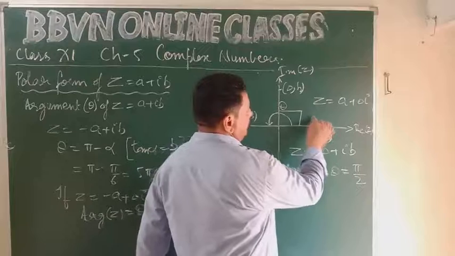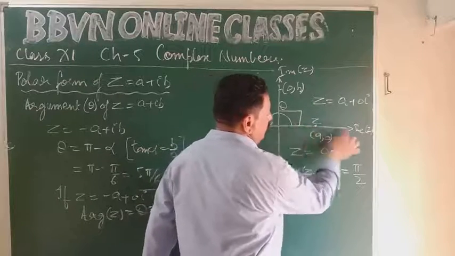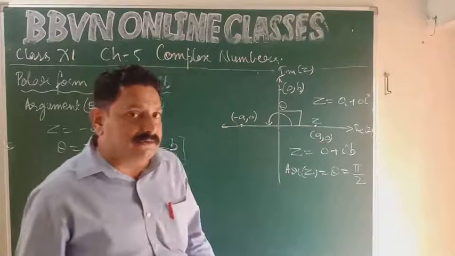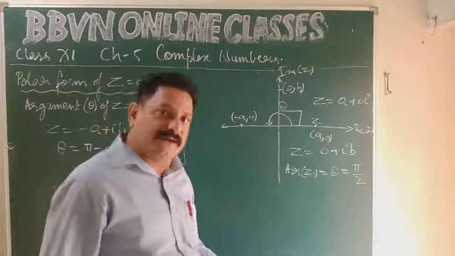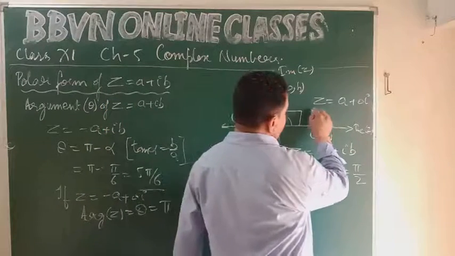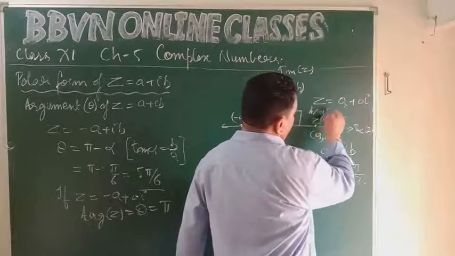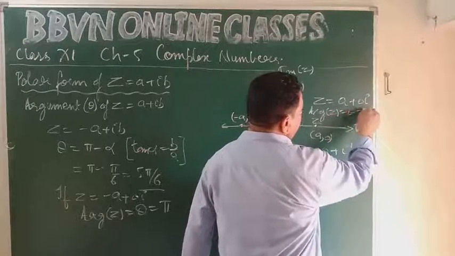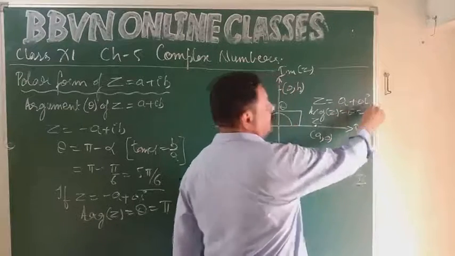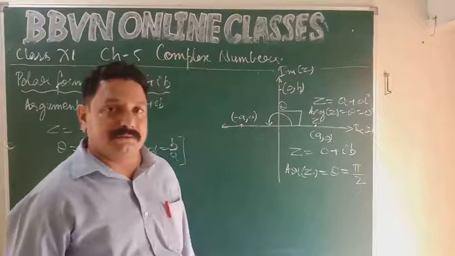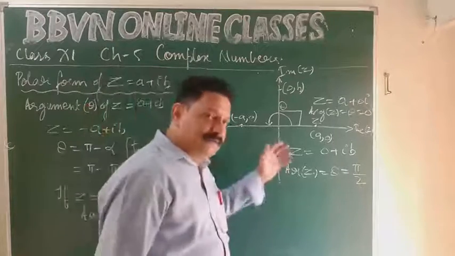Suppose this point is z, OZ and OX, positive x-axis. What is the angle between them? 0 degrees. So here the argument of z, theta, will be 0 degrees or 0 radian, whatever you want to call it. Understood? Now let's move on.